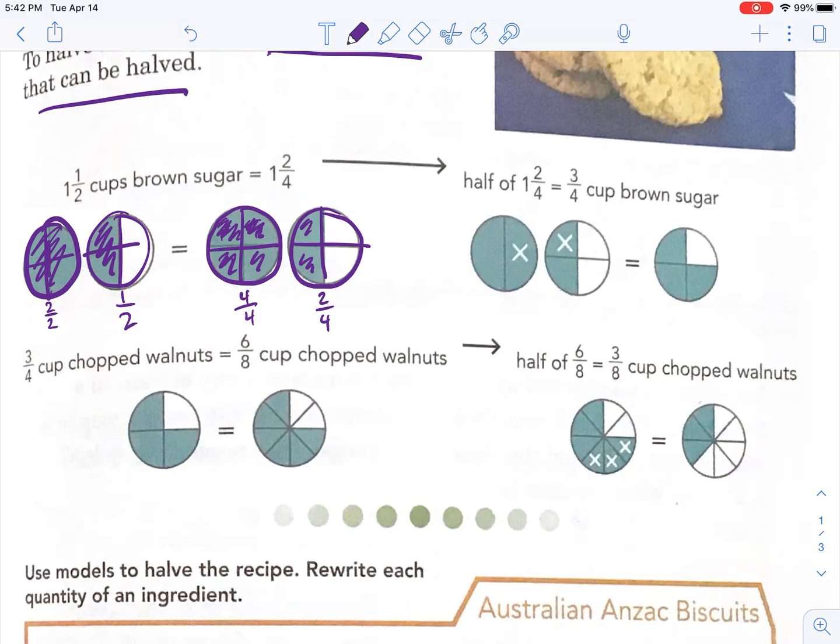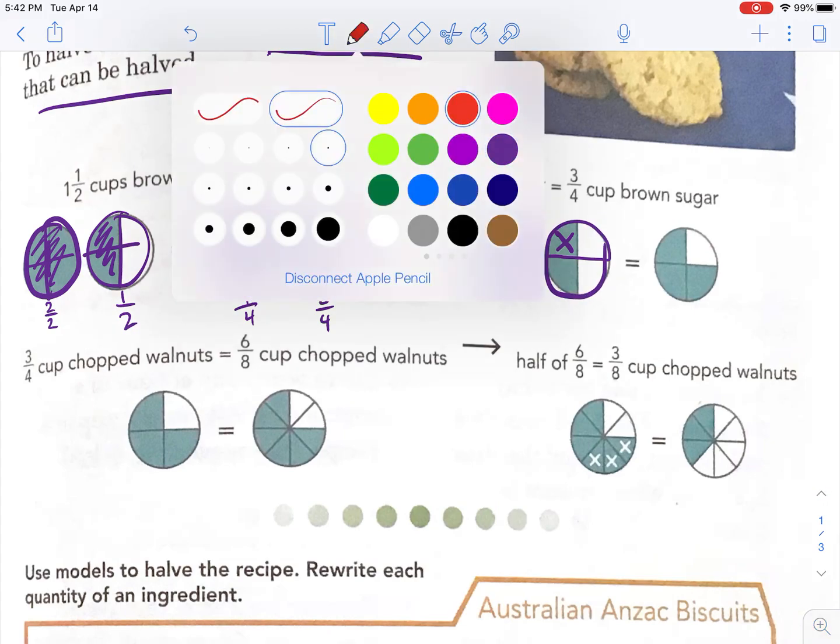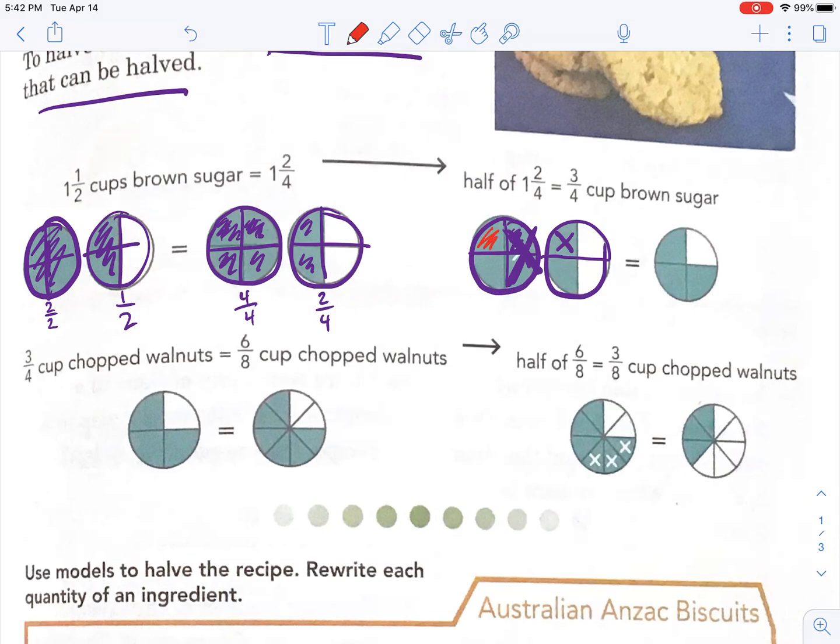So we take our whole number, and if you want to keep it as fourths, you'd still take away this part. So you take away half of the whole number, and then you take away half of what's left over here. And what do you get? You get this piece, 1, 2, 3/4. Do you see it?